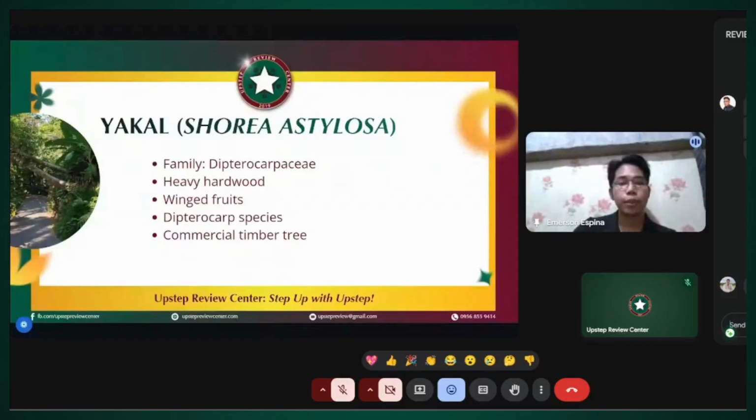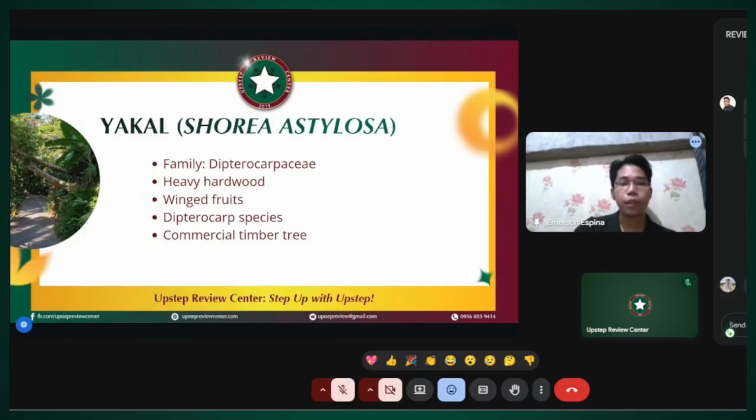So in order to remember, we also have a mnemonic here. So Y for yielding durable wood. A for among the Dipterocarp family, and then K for known for its commercial species or capacity to produce, and then A for always frequently included on the exam as well, and then L for the environment that it usually belongs to, lowland forest species.